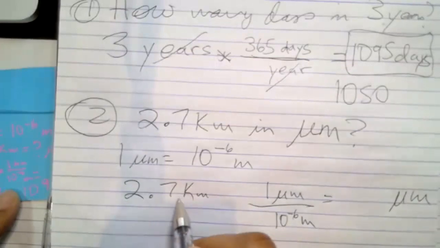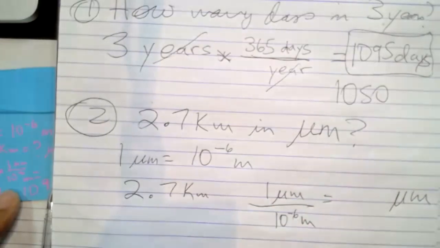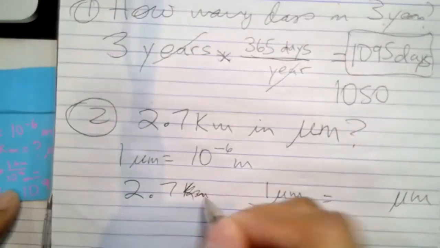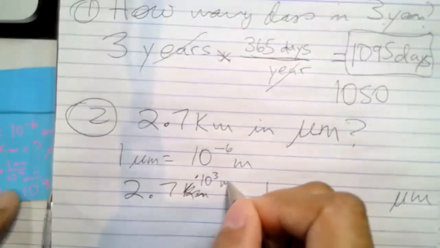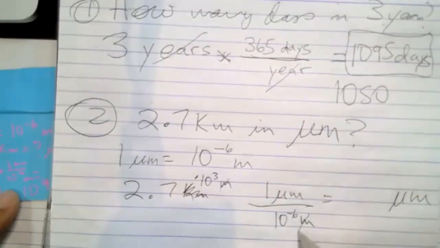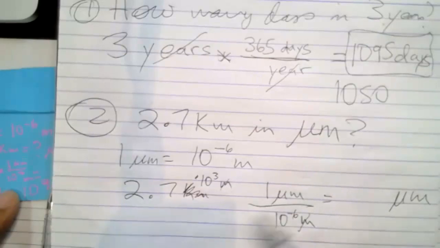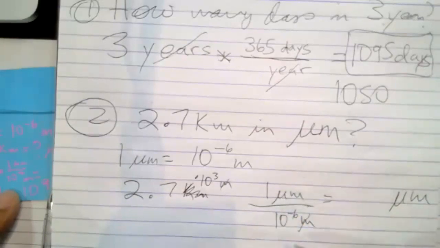I know that kilo is 1,000, so a kilometer is 10 to the power of 3 meters. If I have meters in the numerator and meters in the denominator, these cancel, and this allows me to get micrometers in the end. That is the reason I choose to go 1 micrometer over 10 to the minus 6 meters instead of vice versa.